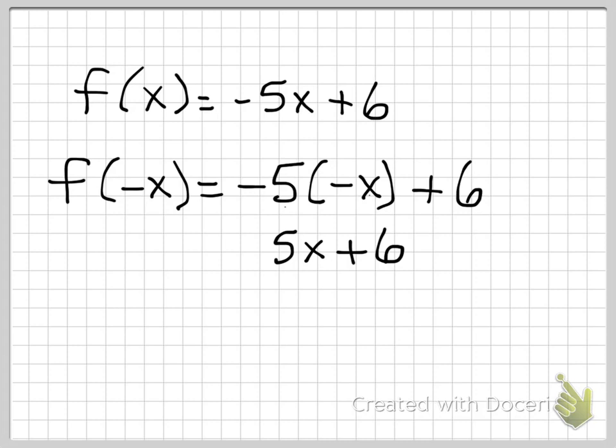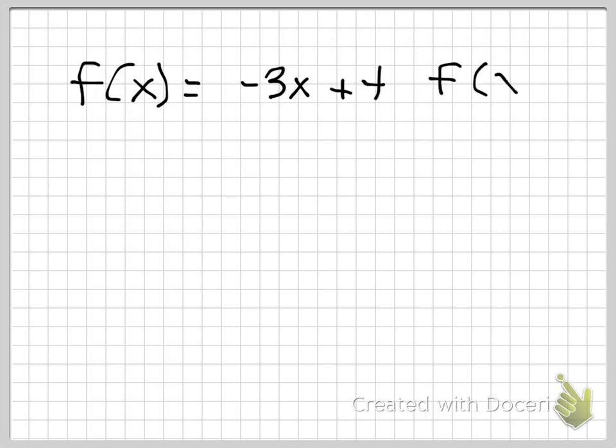Okay? You can also have more values inside. So say, for example, we have the function f of x equals negative 3x plus 4. And they want you to find f of x plus 2.